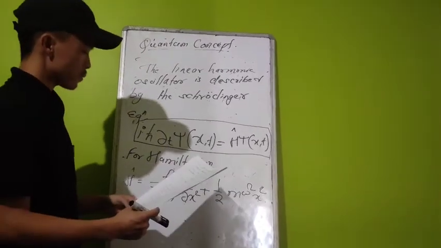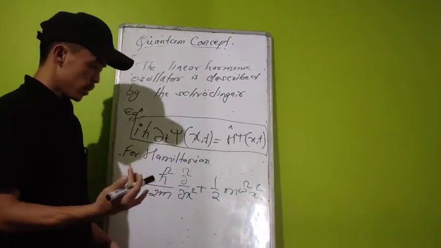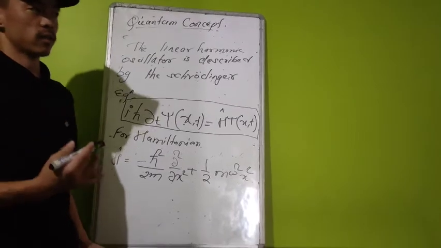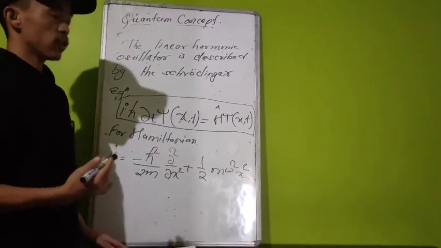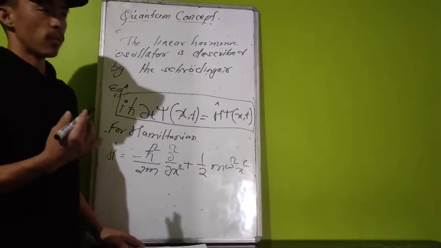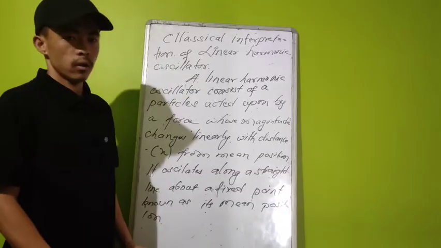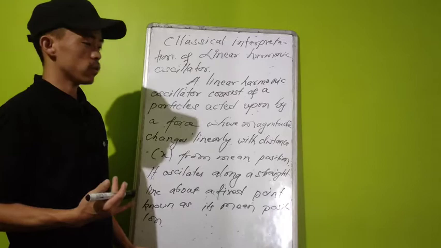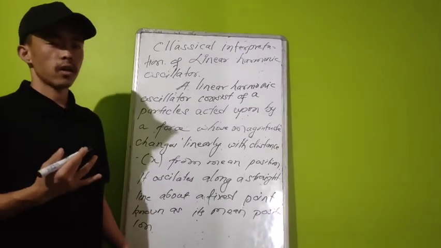Now, in the next session, I'll be dealing with the physical concept, or the classical concept, of the linear harmonic oscillator. In the previous section, I was talking about the quantum concept. In this section, the classical interpretation of the linear harmonic oscillator.